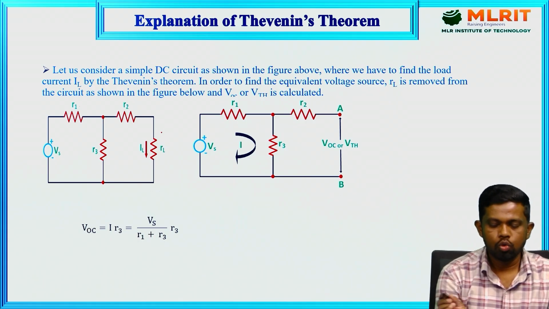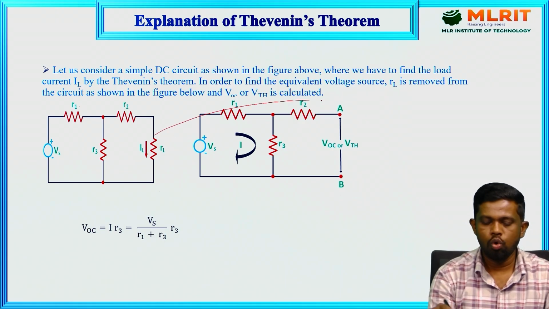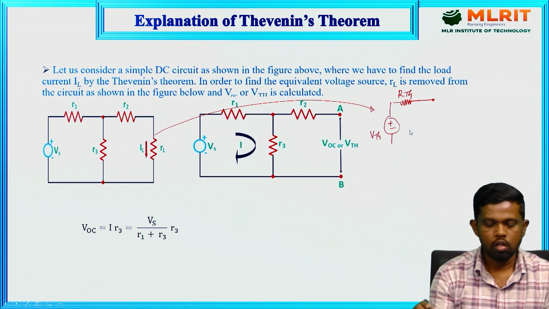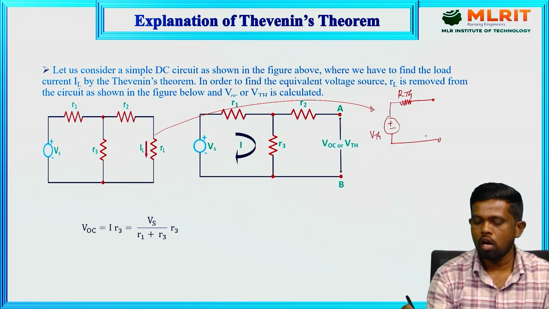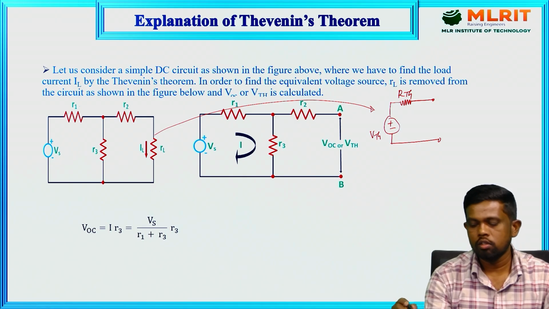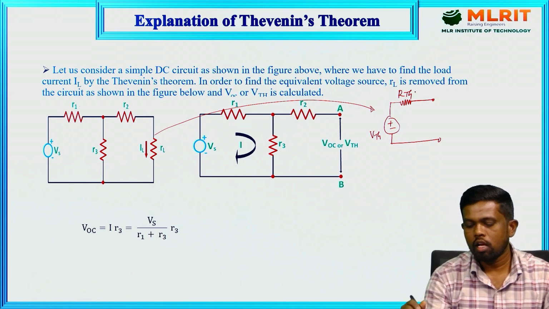We can replace this whole network with the Thevenin's equivalent circuit, which has only one voltage source VTH in series with a single resistor called RTH. Instead of R1, R2, R3, we simply replace them by RTH. There is a procedure to get the VTH and also the RTH.